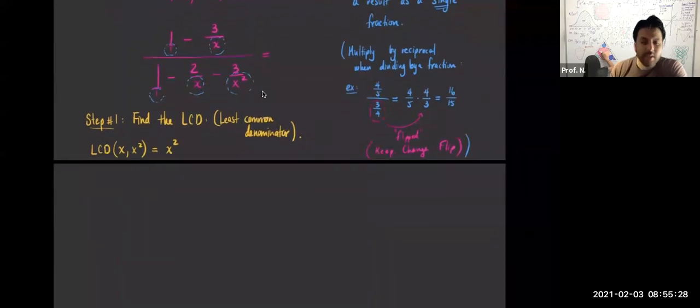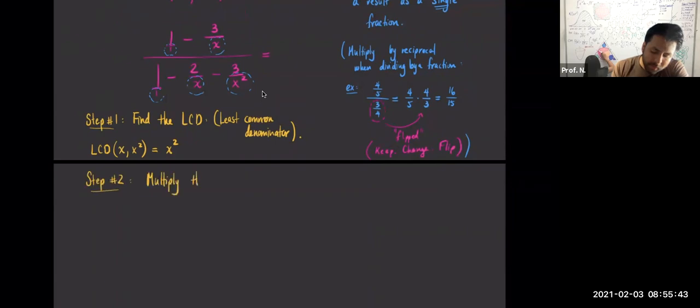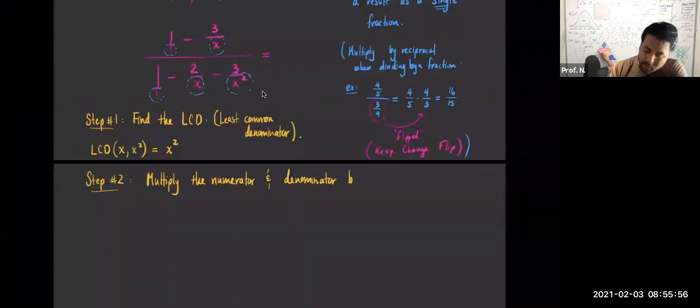Now, once we have the least common denominator, step number 2 is to multiply the numerator and denominator by the LCD.